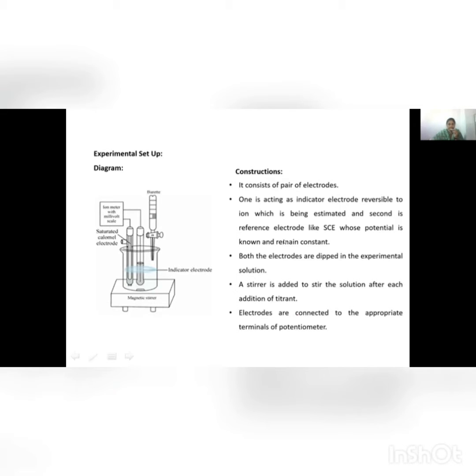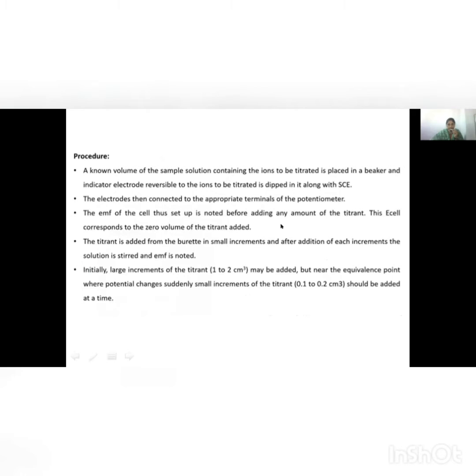A stirrer is added to stir the solution after each addition of titrant. We add the solution taken in a burette, each 1 ml of the solution, to the cell. Then we have to find out the EMF of the cell. So this is the procedure for the potentiometric titrations.